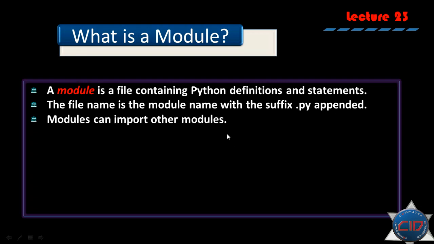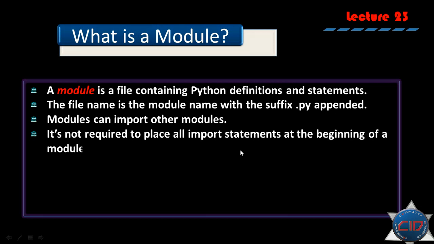Modules can import other modules. One module can import many modules. It's not required to place all import statements at the beginning of a module. That means it is not necessary to import everything at the start of your file.